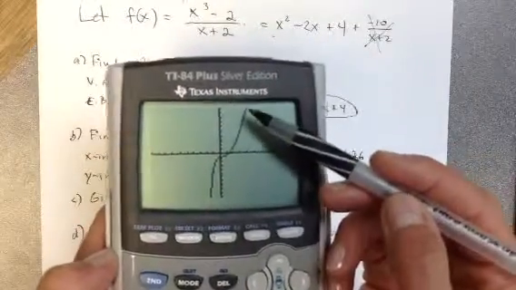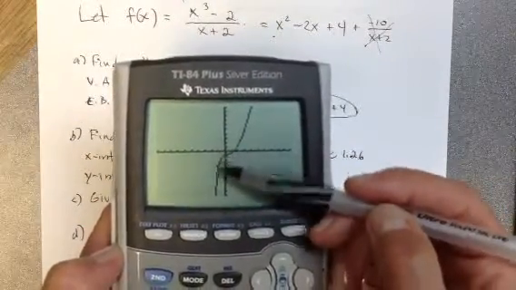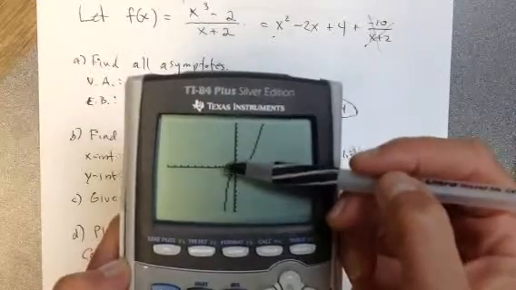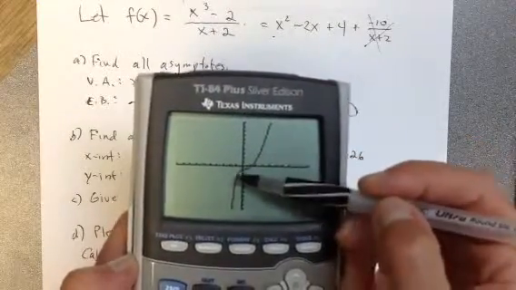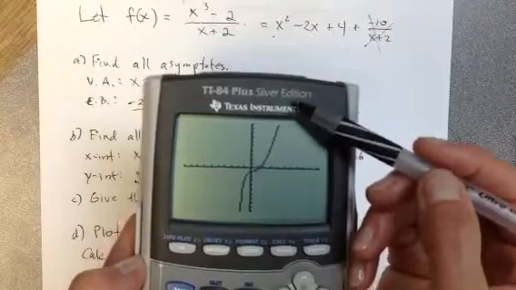Alright, so here, this right here is going down to our vertical asymptote at x equals negative 2, and that's following our end behavior up, up, up, up, up.